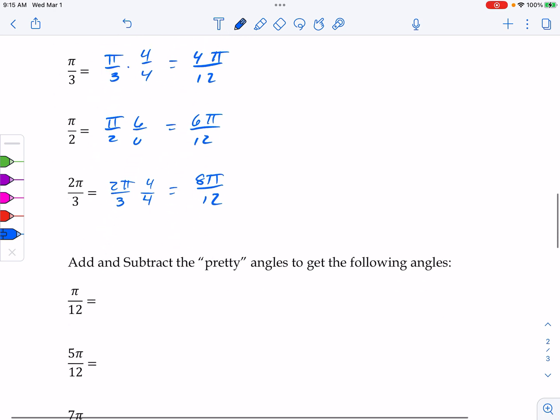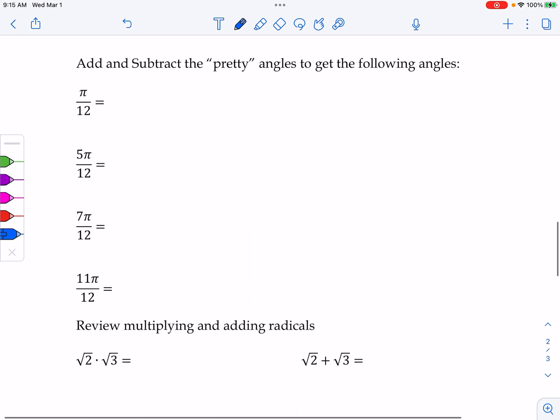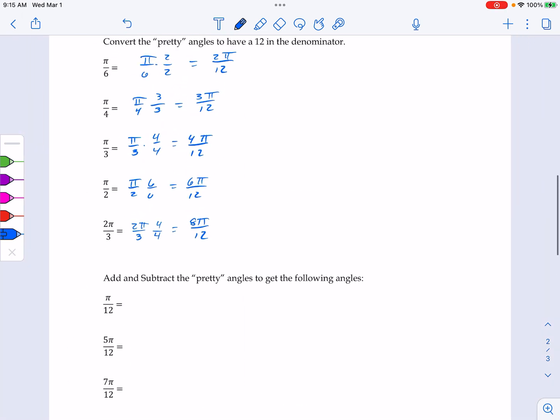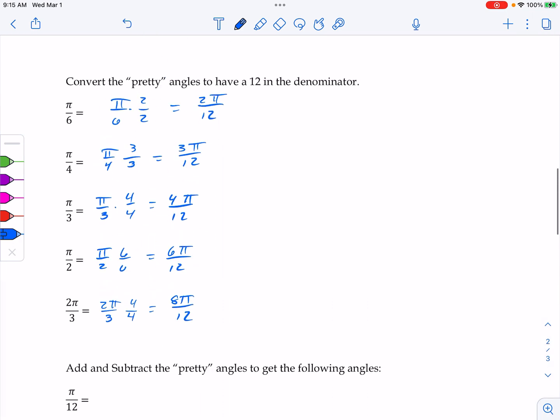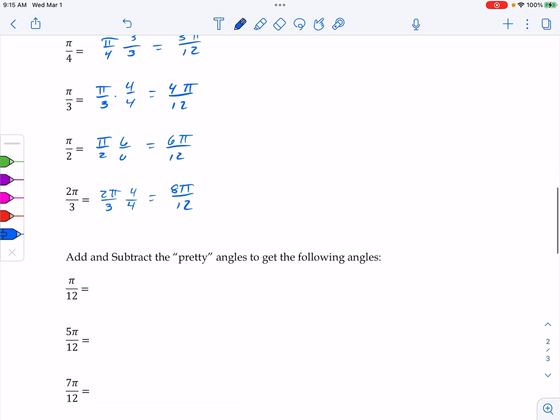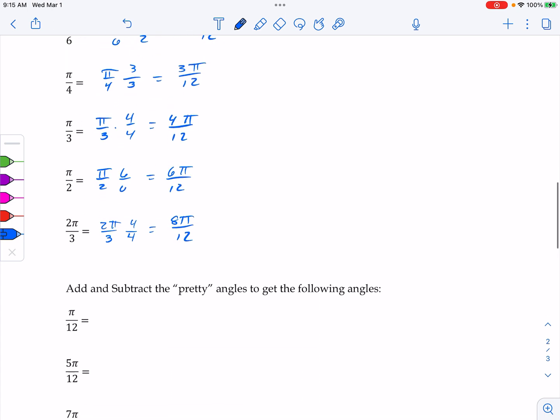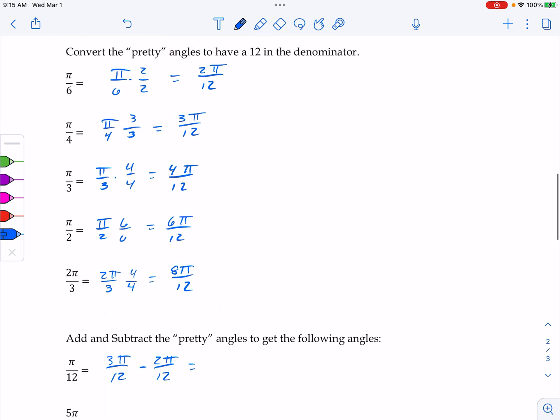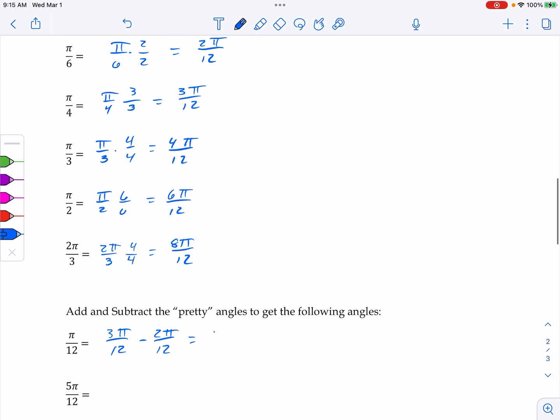Because I'm going to ask you to figure out how to get 1 pi by using the pretty angles. Well, I can either do 3 minus 2 and get a 1, or 4 minus 3. So my choice is either 3 pi over 12 minus 2 pi over 12, which if you send them back to the pretty angles, that's pi over 4 minus pi over 6.